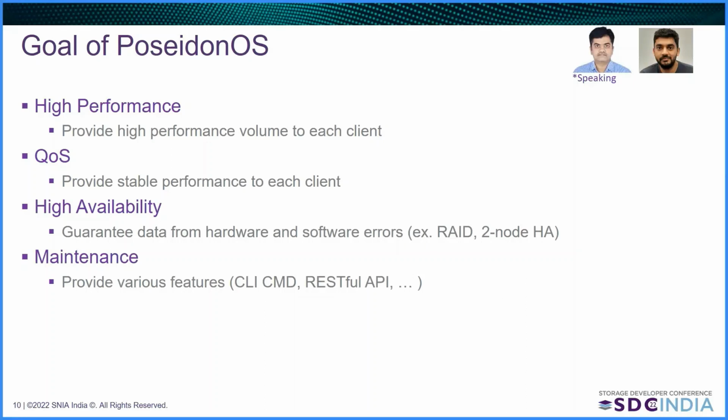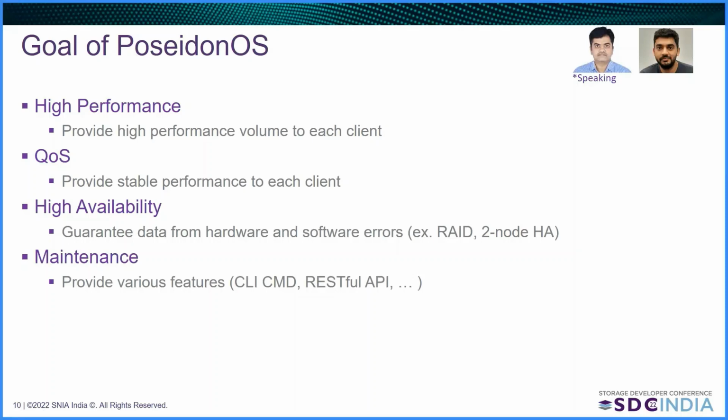If you look at the goals of this Poseidon OS project, it is providing high performance at volume level for each of the clients. One target can be connected with multiple clients. So highest performance is supposed to be provided at each volume, which can be accessed from the clients.